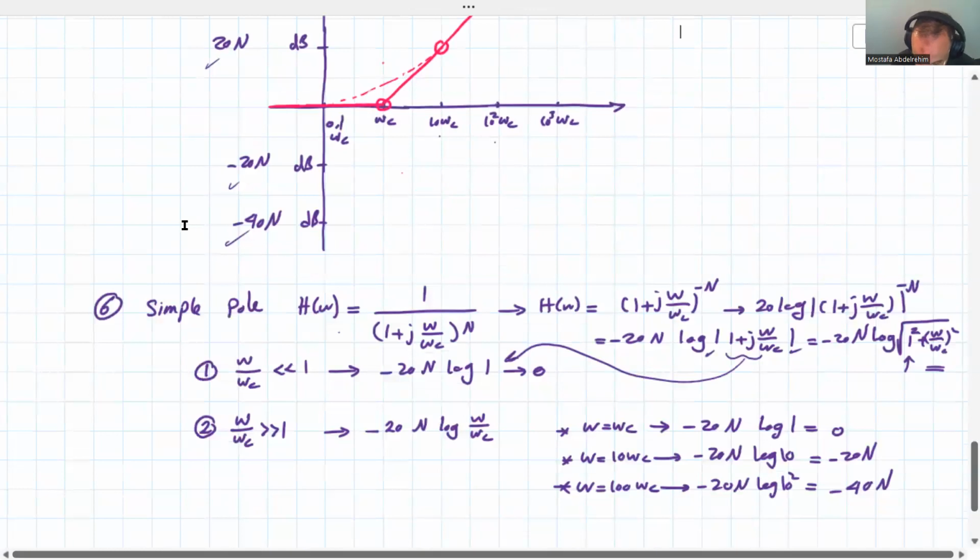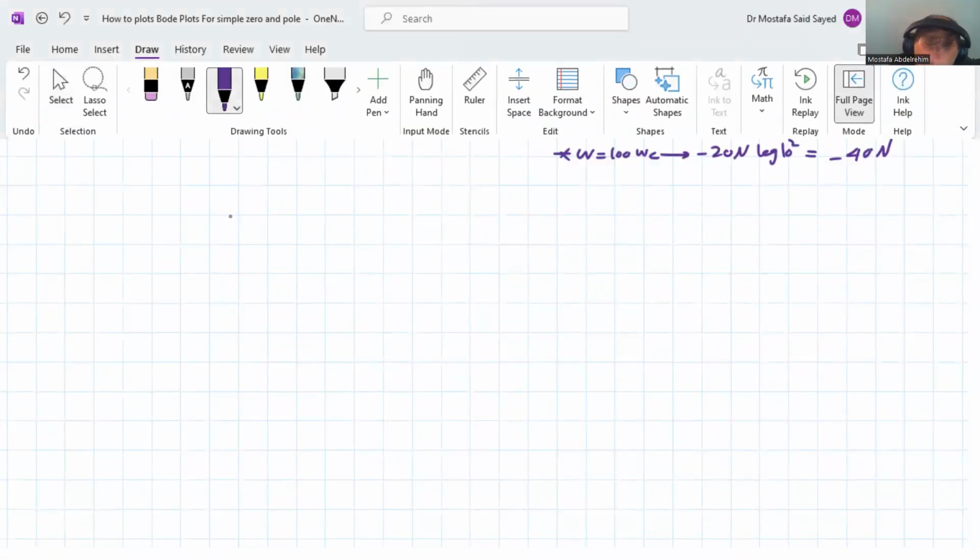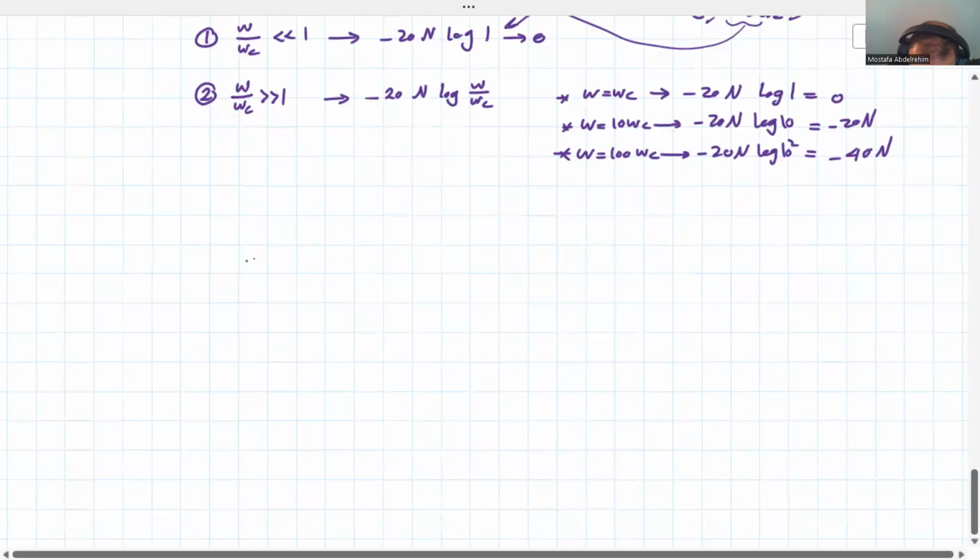Let's do that. So I have a color like that here.